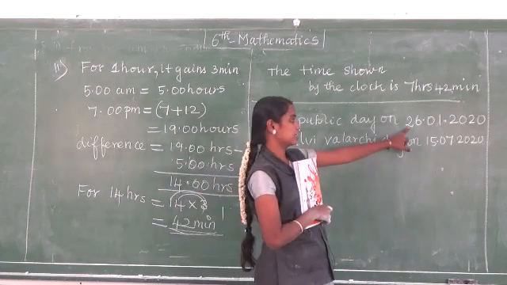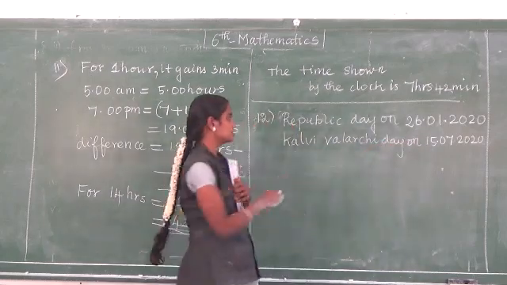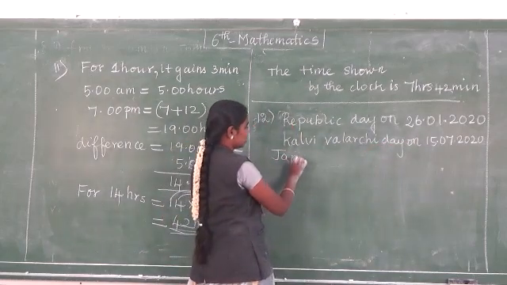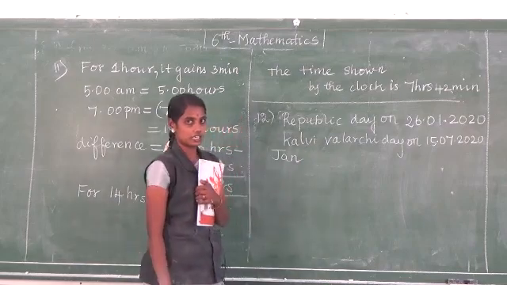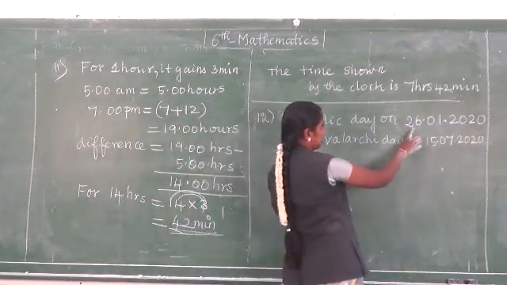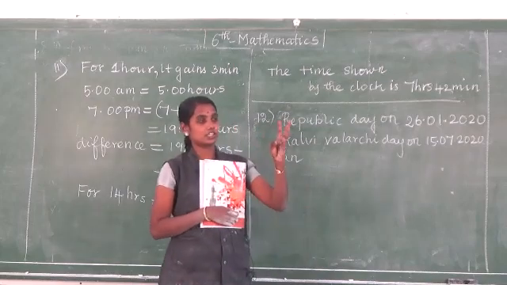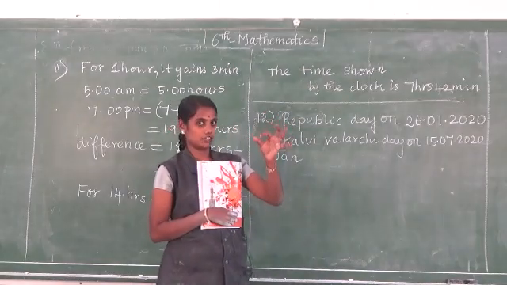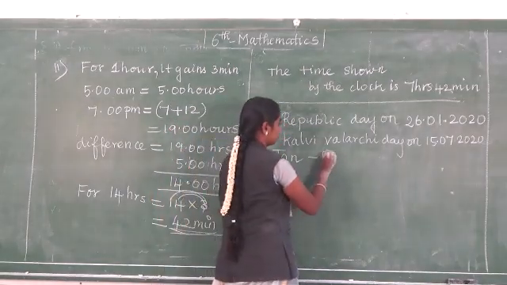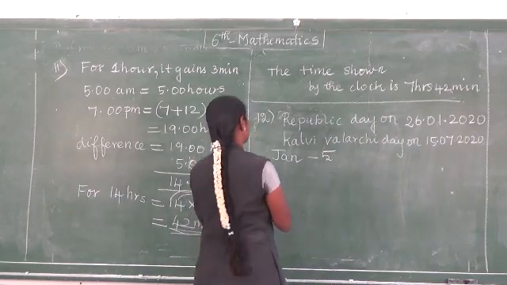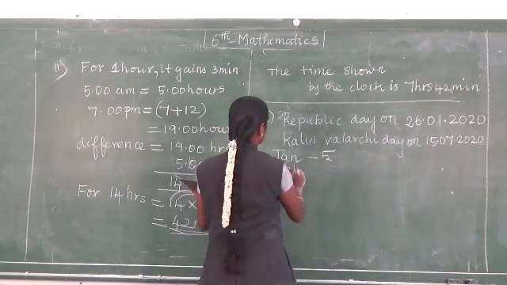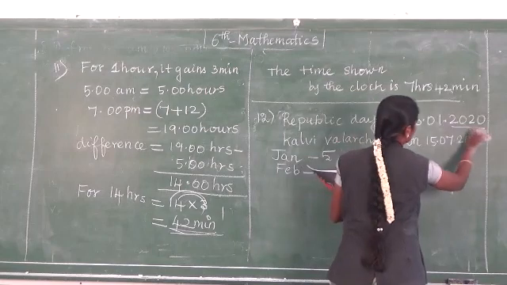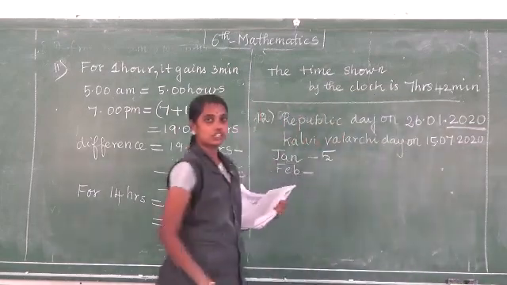From the Republic Day start, in the January month we have 31 days. 26 days are over. Remaining 27, 28, 29, 30, 31. So January month 5 days. Then next month February month. I have taken as 2020 here.